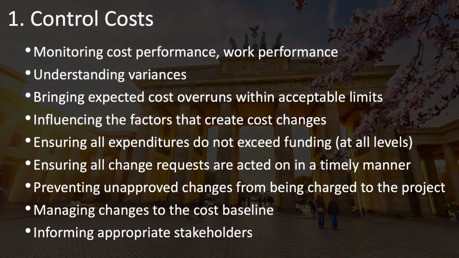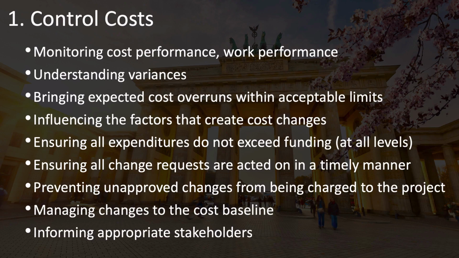The control costs process monitors cost performance and work performance, meaning that you measure actual work done and actual costs incurred and compare these to the planned amount of work to be done and the planned amount of money to be spent on the work done.